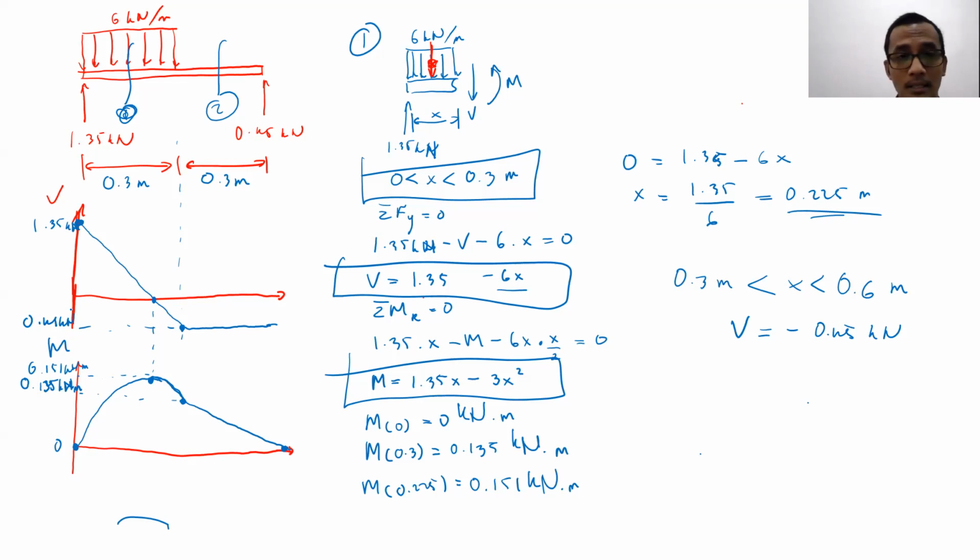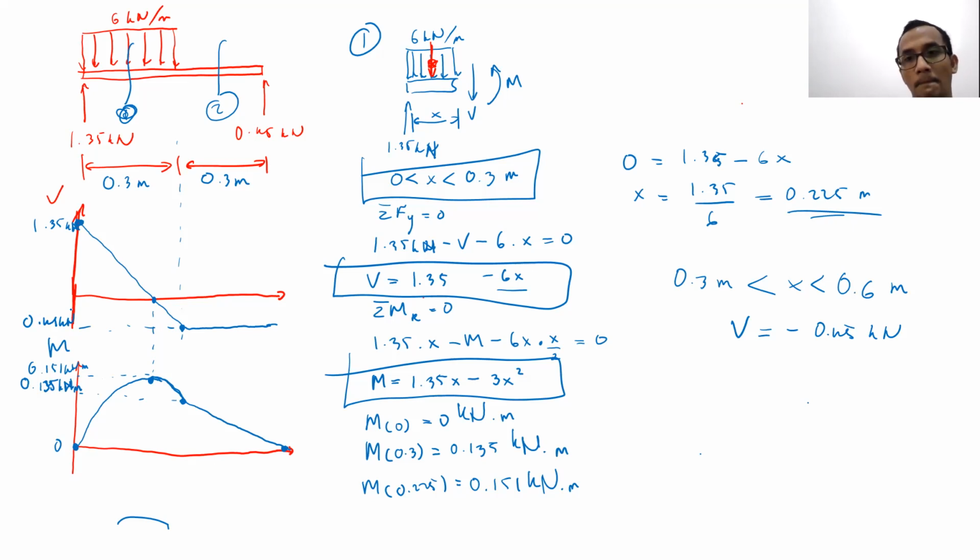And the moment will be constantly going down from 0.135 kilonewton meter until it reaches zero at x equal to 0.6 meters. Do you understand?